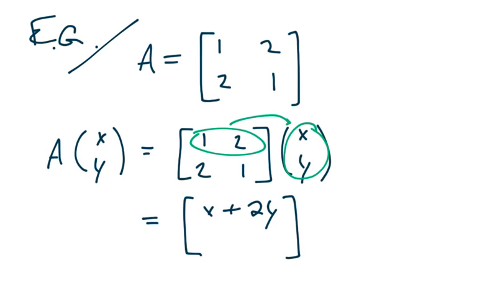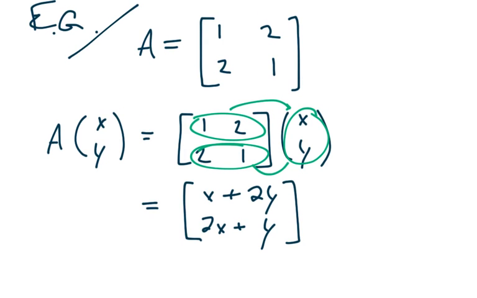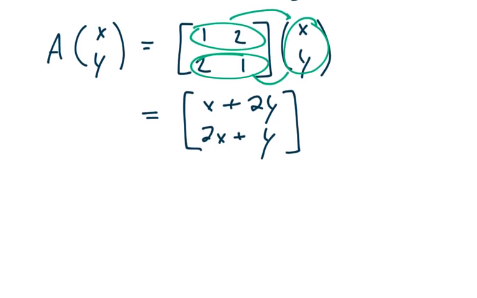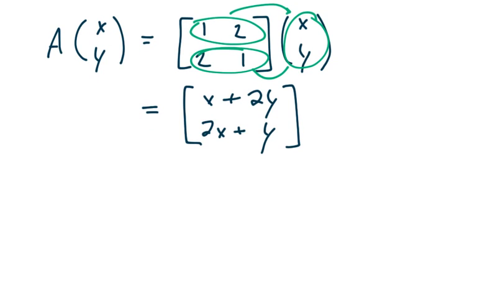And second row by column, that's going to give me 2x plus y. All right, so this thing does something non-trivial to the vectors. It's not as simple as the last example, where it was just a mixing of the x's and y's with an extra minus sign thrown in. This is a little bit more complicated.